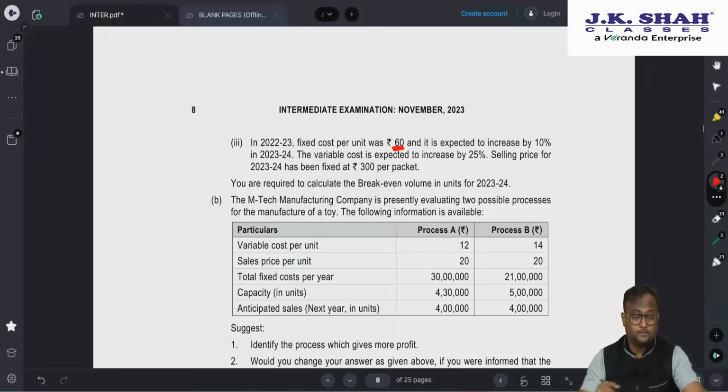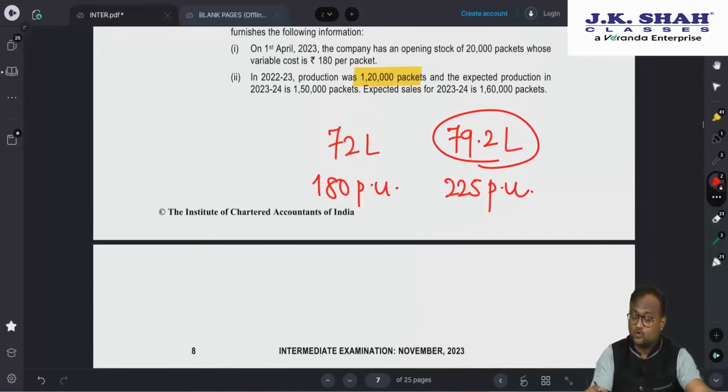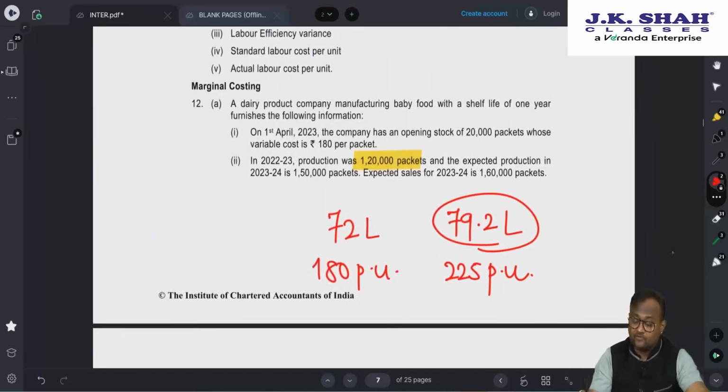Now guys, break-even point is something which will recover your fixed cost. In the next year, your fixed cost is going to be 79,20,000. You already have 20,000 units of opening stock with you, which will be sold in the current year.